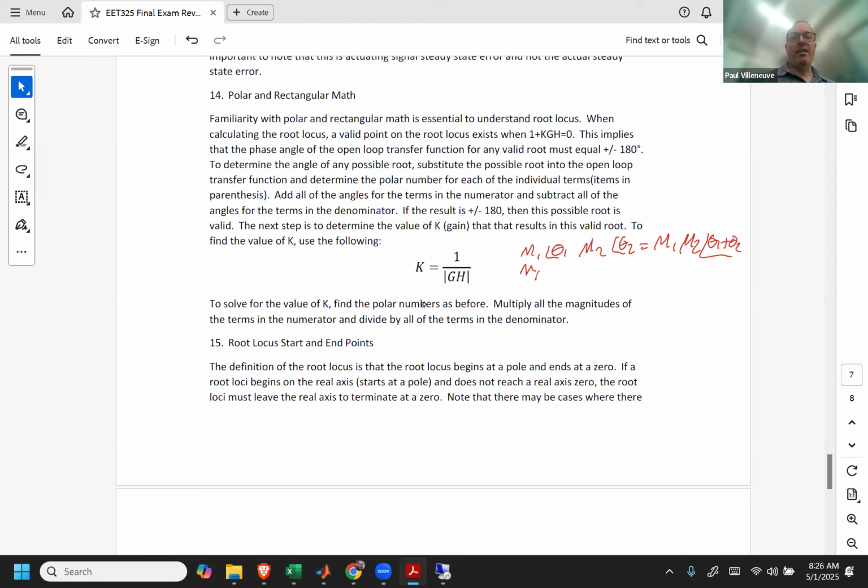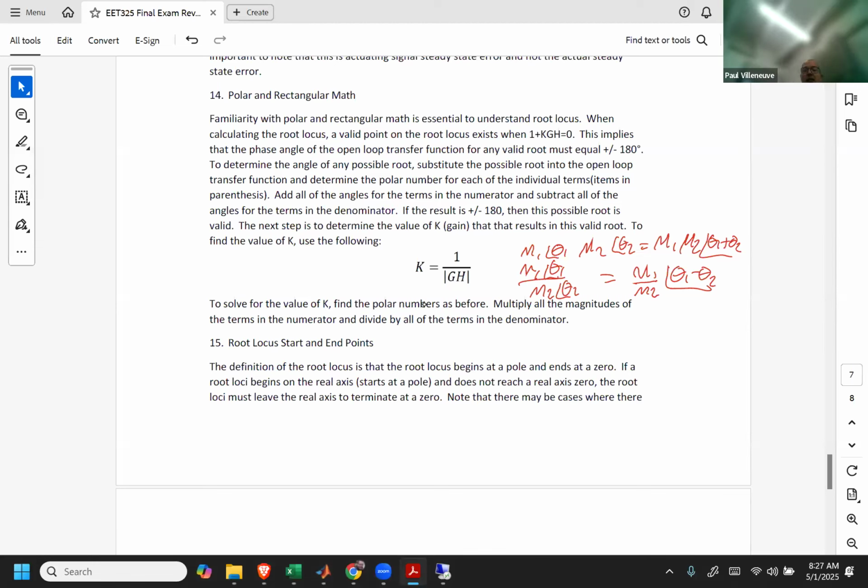If M1 theta 1 divided by M2 theta 2, you get that. So doing things with complex numbers is really easy.